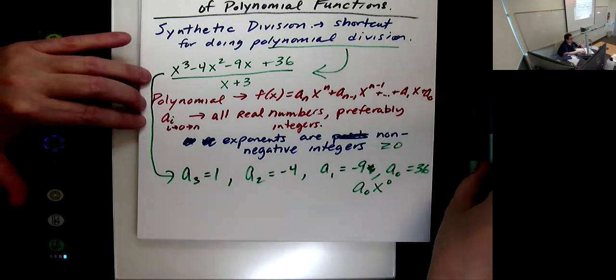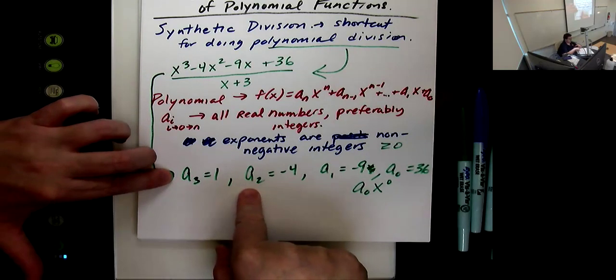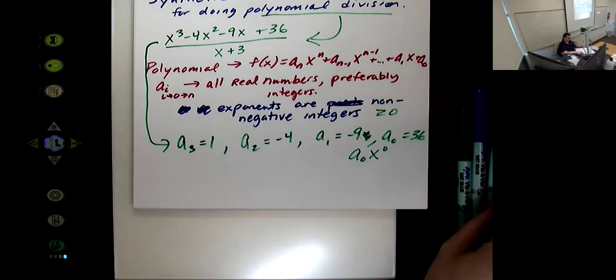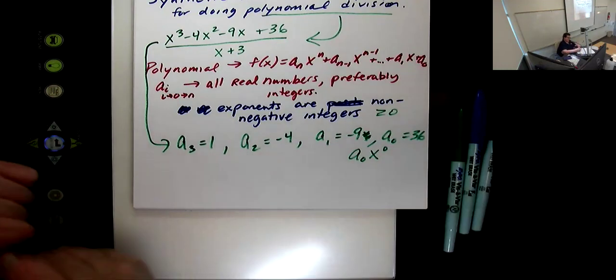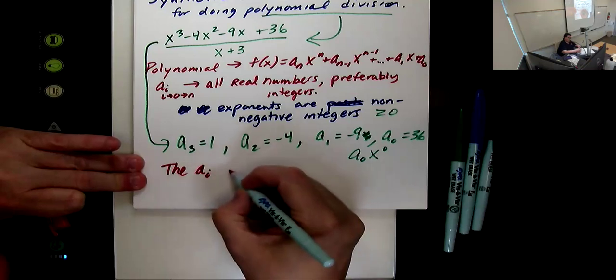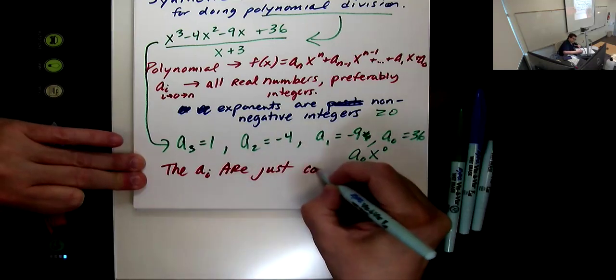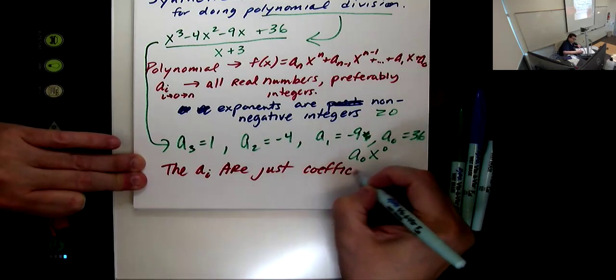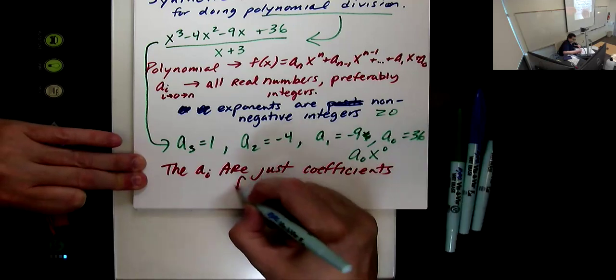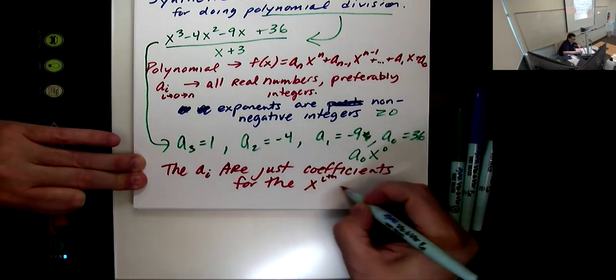The a_i are just coefficients for the x to the ith power terms.